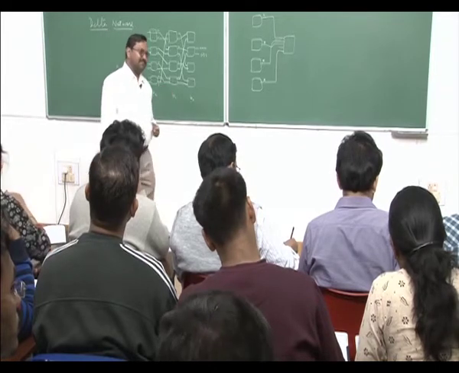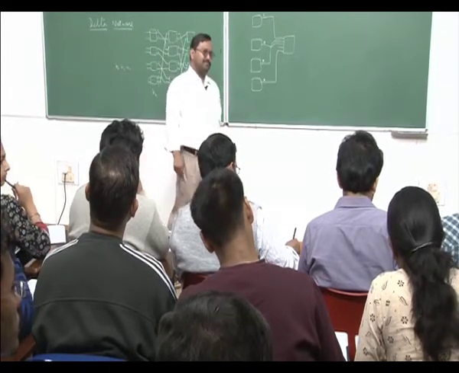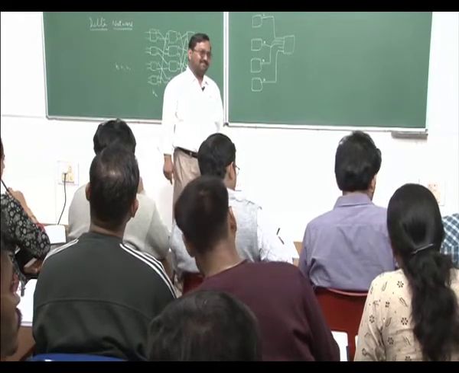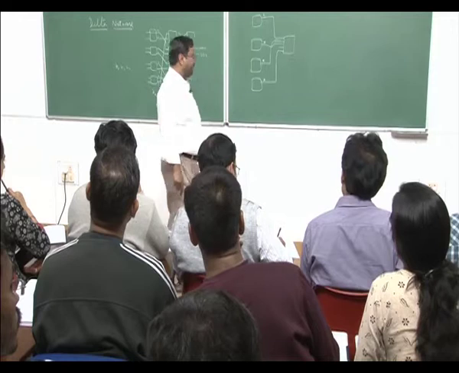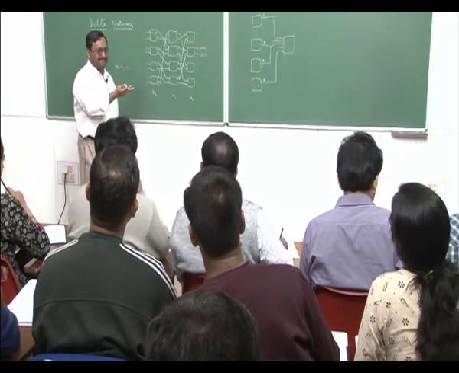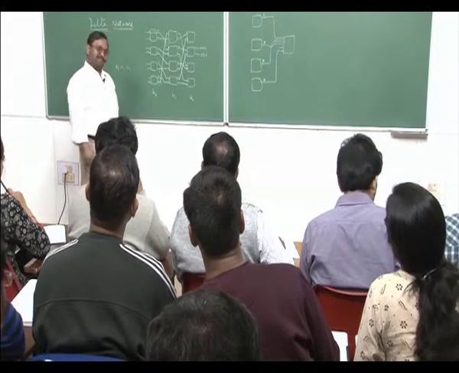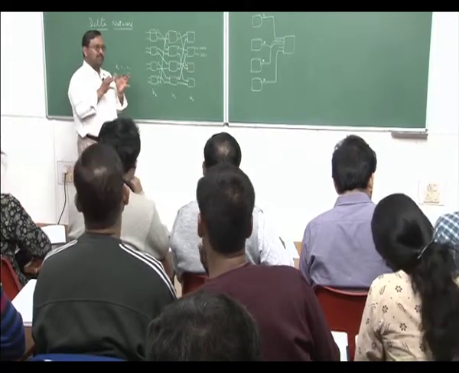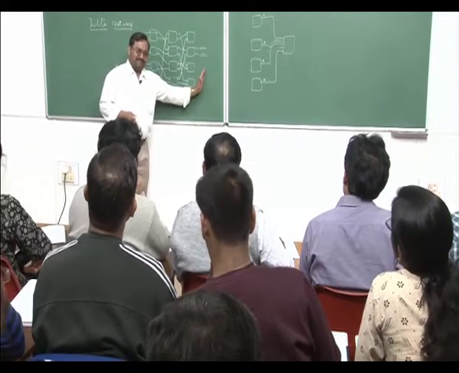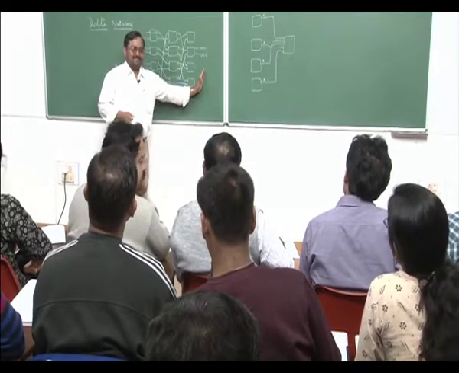We can take any number of delta networks. In the previous delta network you said that we can't establish one two connections simultaneously. Here also, I do not know, I have not checked. Total number of permutations are 8 factorial, but different kinds of combinations are not.